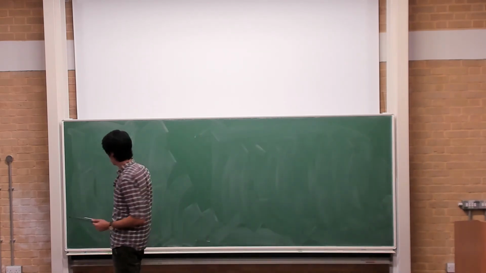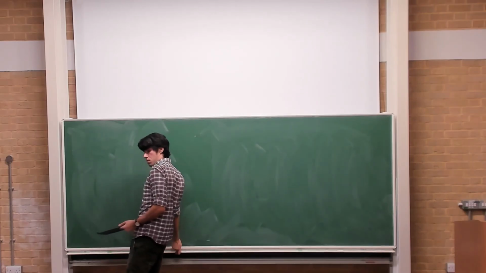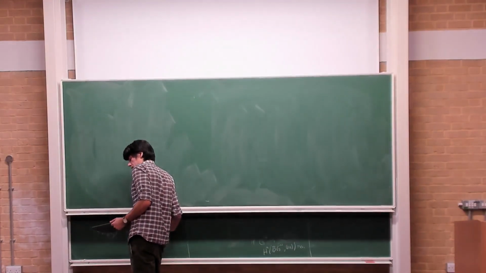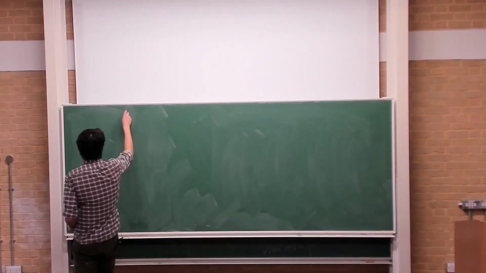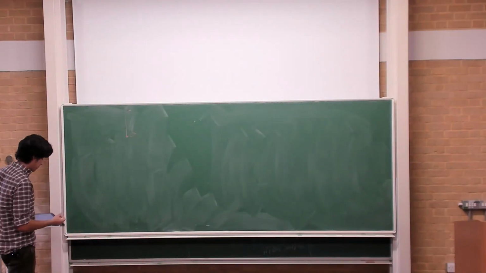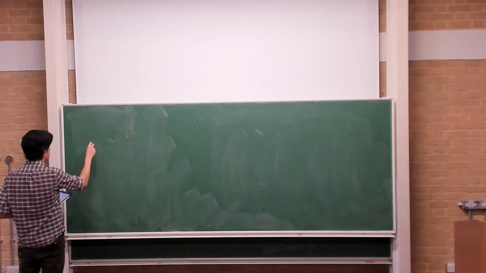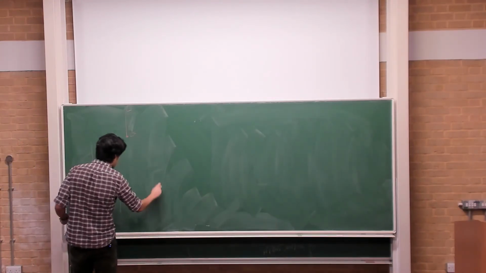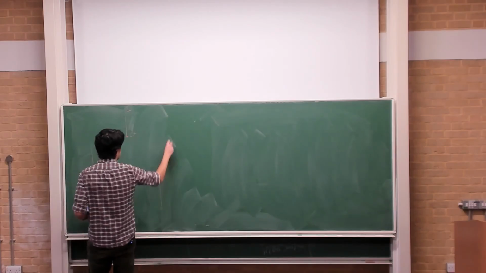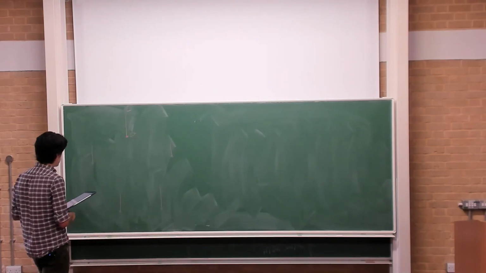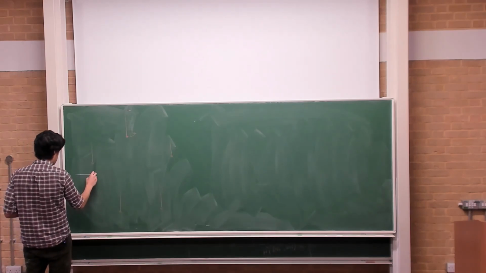Yes, what's up? Oh, yeah, perfect. That's exactly what I'm about to draw. So here I have a line operator that ends on some local operator O, and I'm going to draw 5 of them. There are 2 different ways to do something.